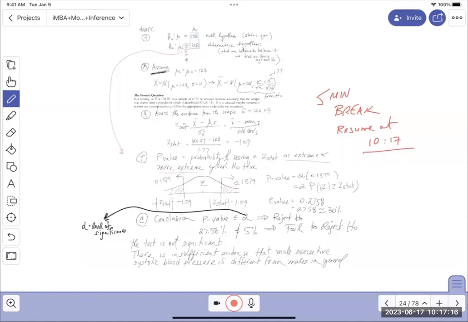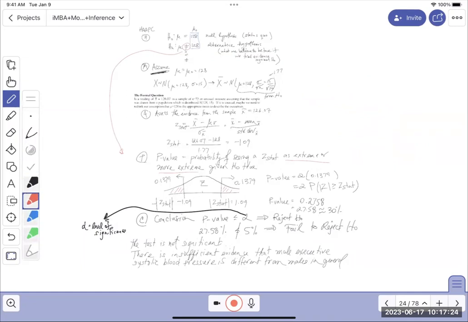All right, so the question was, what's a faster way to do this when you have a test of difference? Anyone figure it out?